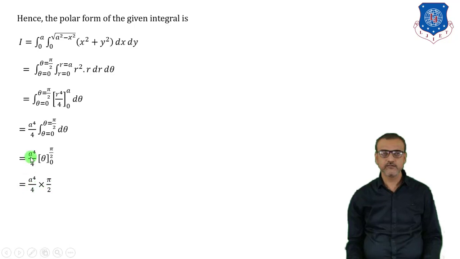So this is equal to a raised to 4 by 4 into pi by 2, and this is equal to pi a raised to 4 divided by 4 into 2, that is 8. So this is the answer, pi a raised to 4 by 8, of the given double integration.